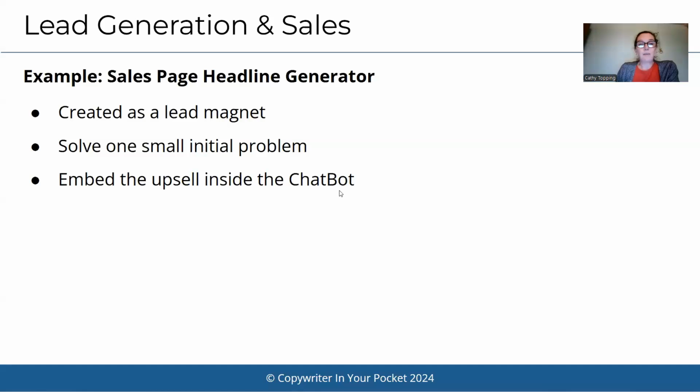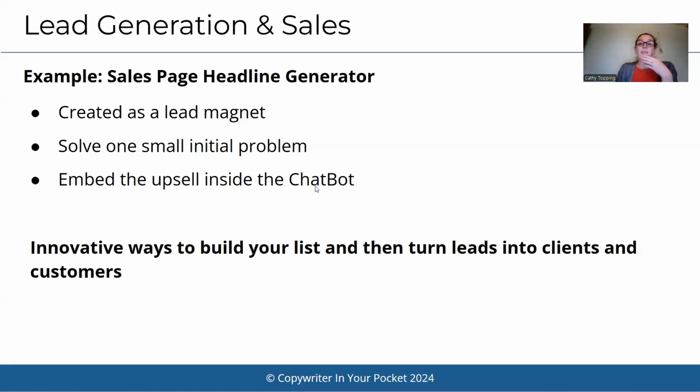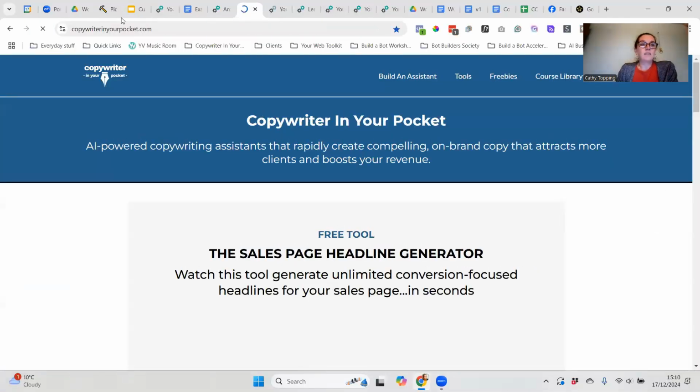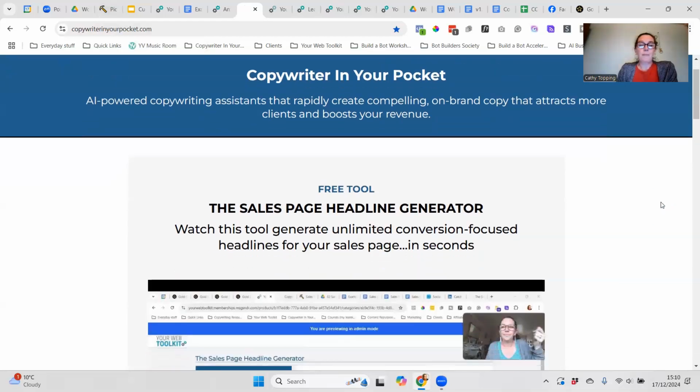And what you can do is embed the upsell directly inside the chatbot. That's what I did with this. This is a really innovative and different way to build your list and then turn leads into clients and customers, all inside this one chatbot. So let me just show you the example, which I think is here. So this is my website.